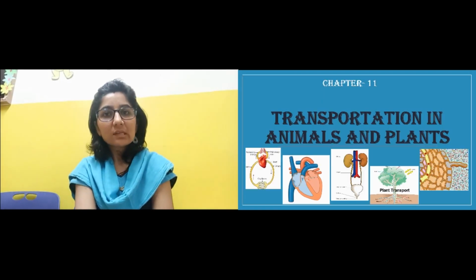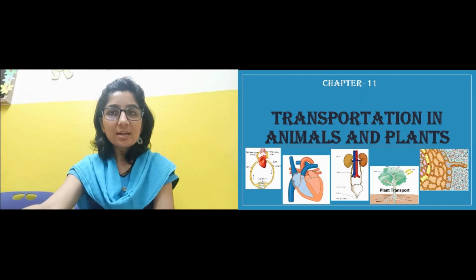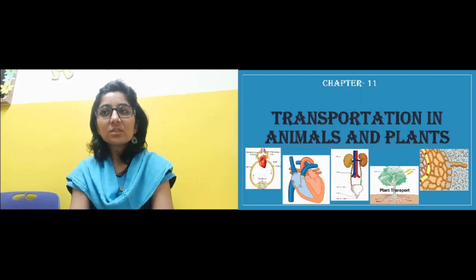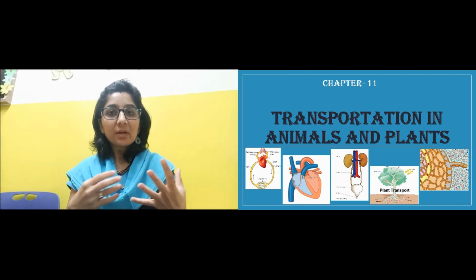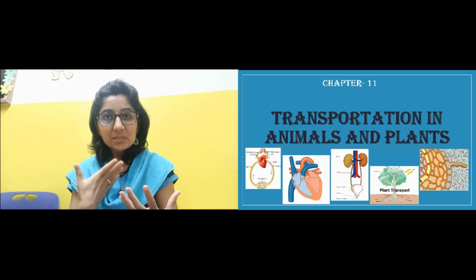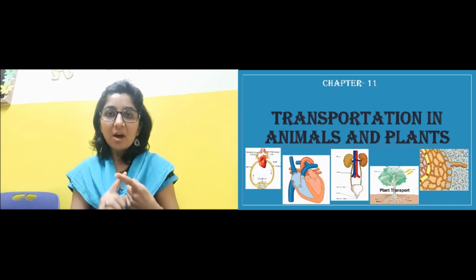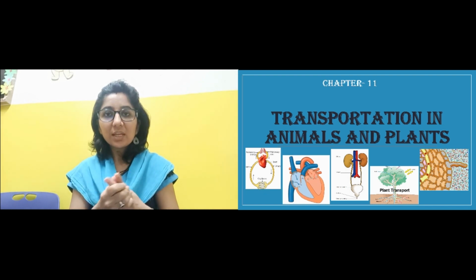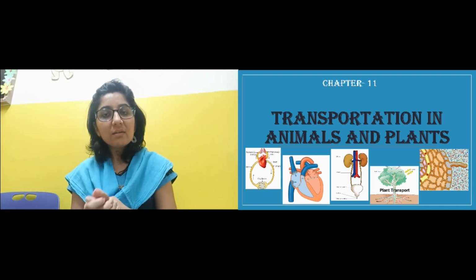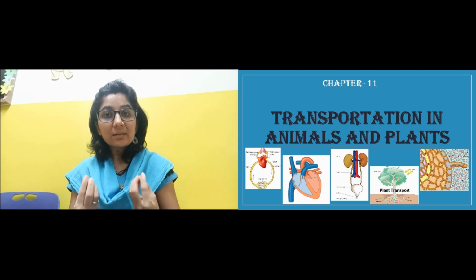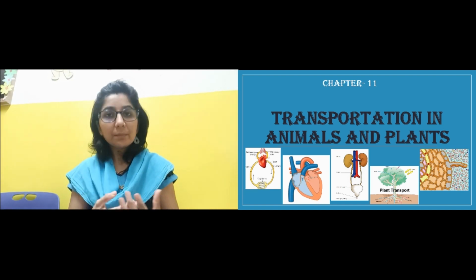So, let us continue with our lesson that we had started, that is transportation in plants and animals. We had seen the transportation of various substances through the blood with the help of the heart and the blood vessels. Also, we had learned about the excretory system in human beings mainly.